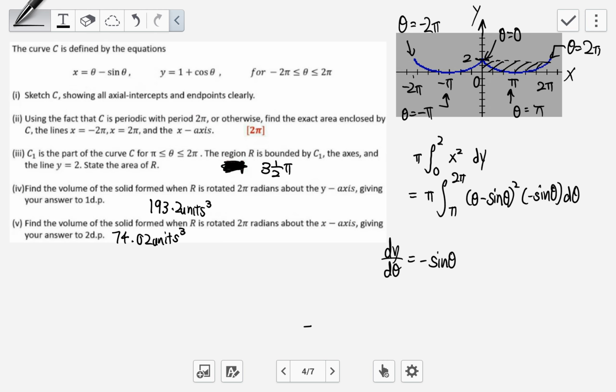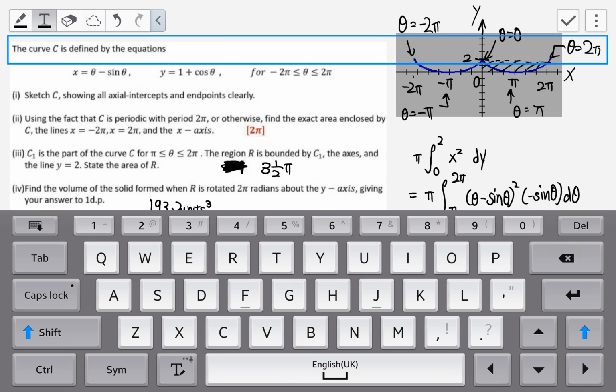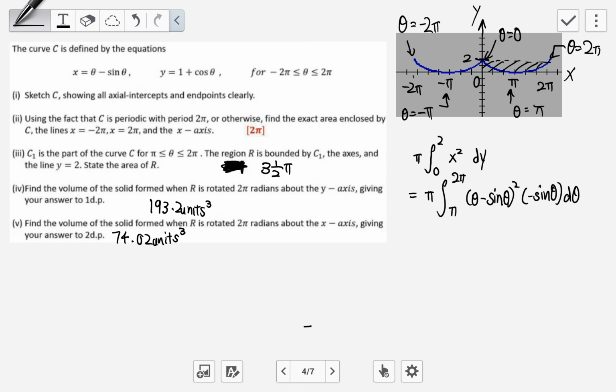Let's see if expansion works. I haven't tried this question, so not sure, but let's try. Think along with me. When I expand this, I'll get theta squared minus 2 theta sine theta plus sine squared theta. This is just my quadratic expansion. Then I multiply by minus sine theta d theta.